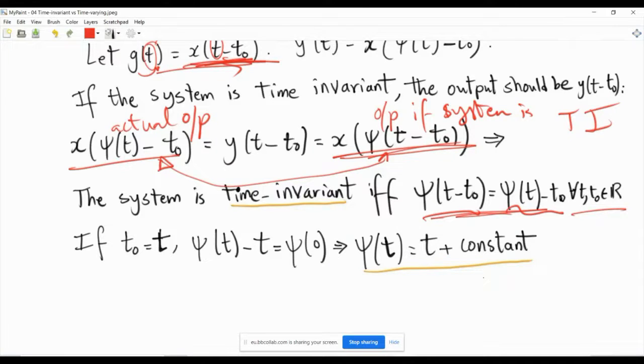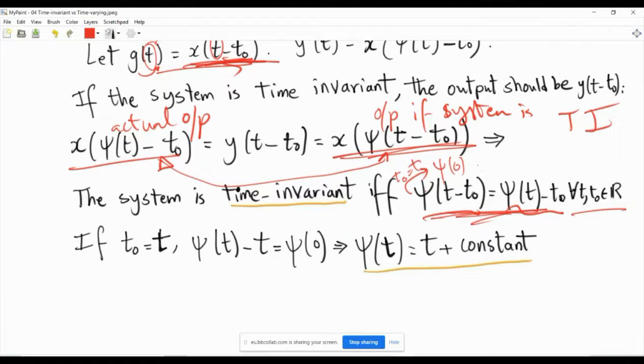One way of doing it is to say, okay, what if we set t0 equal to t? Then this becomes psi of 0. Time invariance must be satisfied for any t0, not just a particular t0, so you can set t0 equal to t.